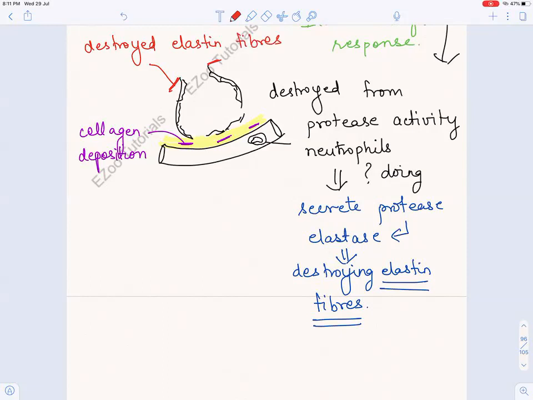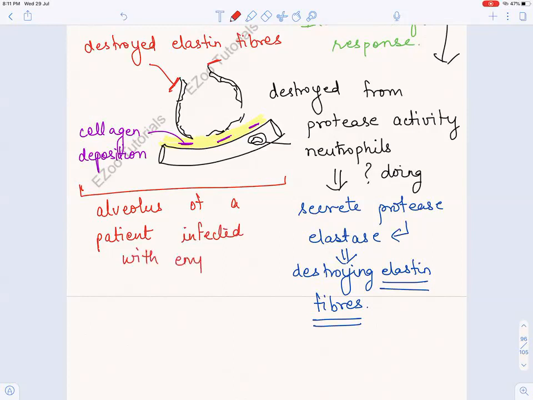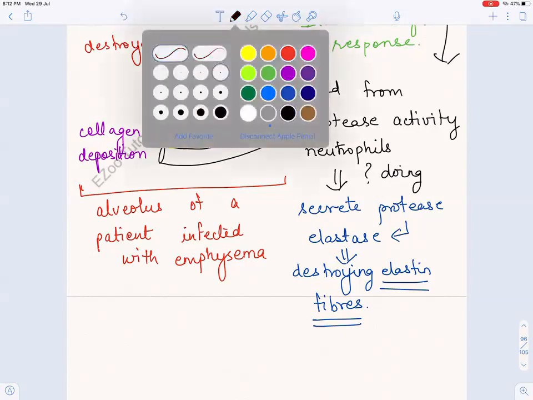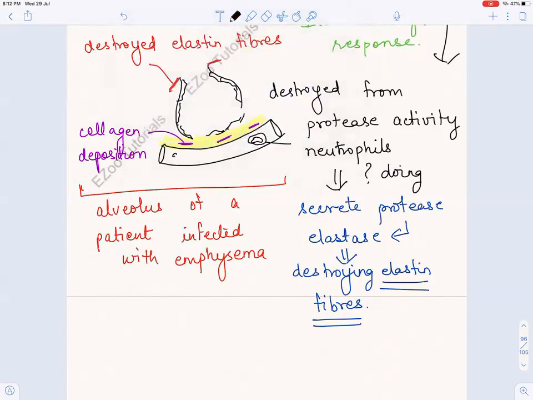So basically, this is what I have drawn: an alveolus of a patient with emphysema. First we drew the alveolus of a healthy person and saw what all things are present, and then we drew an alveolus of an infected person. Now there will be some T lymphocytes also.